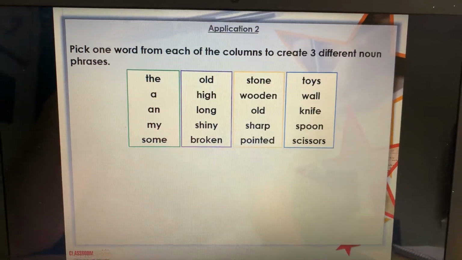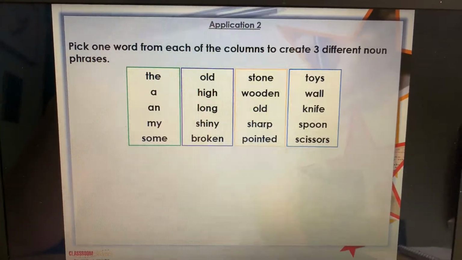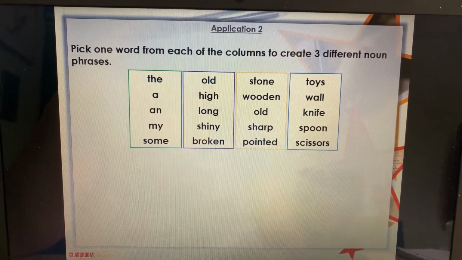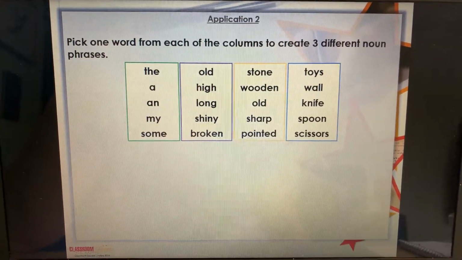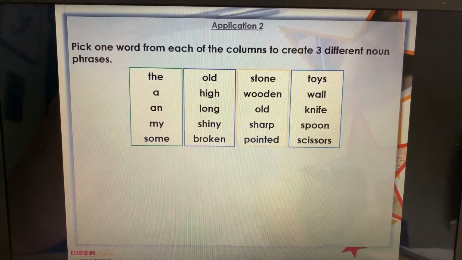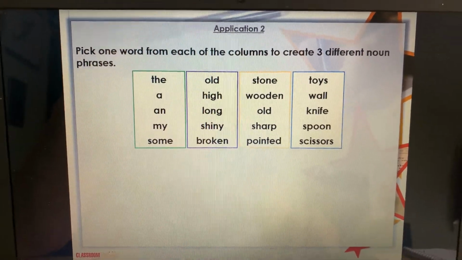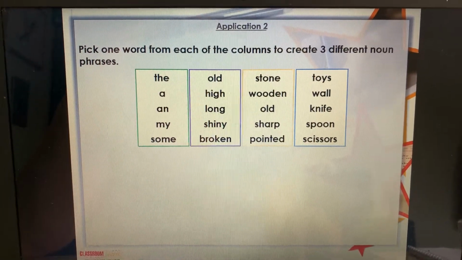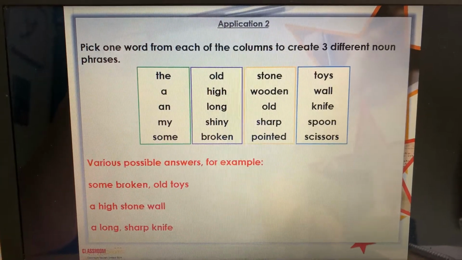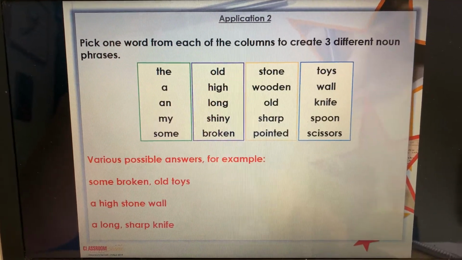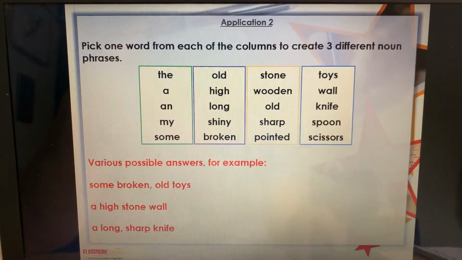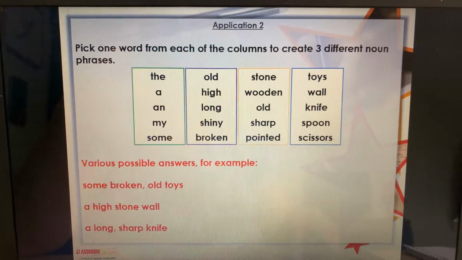So as long as I put a comma in between the adjectives, that would be correct, and that would be an expanded noun phrase. You might be able to make another one up while you're listening to me, okay? They've got some broken old toys, a high stone wall, a long, sharp knife.